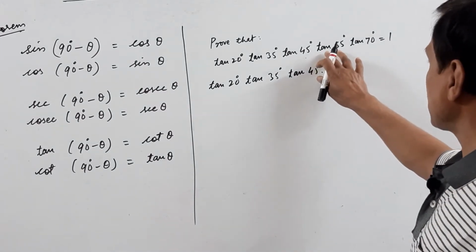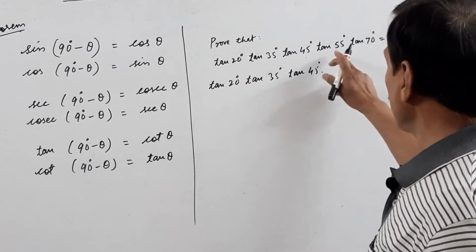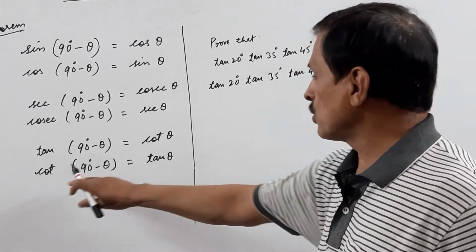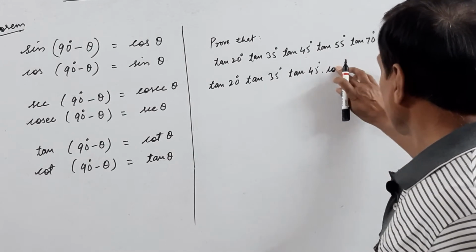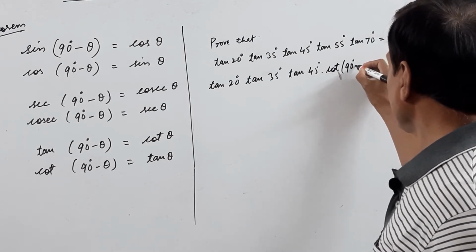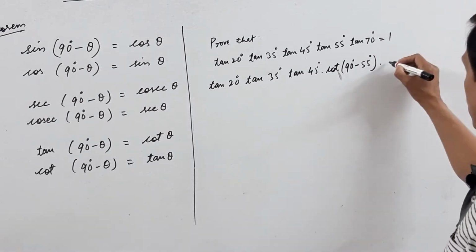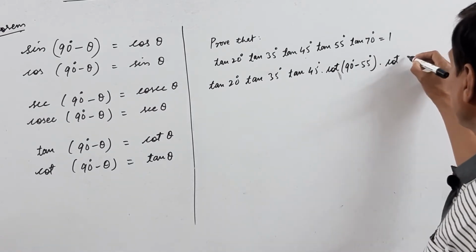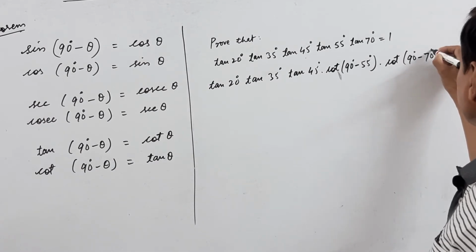We can change this tan 55 into cot. We know tan theta is equal to cot(90 minus theta). So this is cot(90 degrees minus 55 degrees), and this is cot(90 minus 70 degrees).